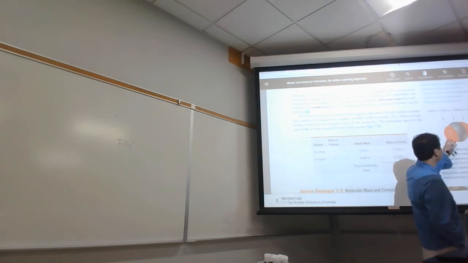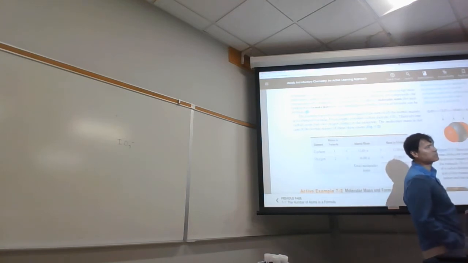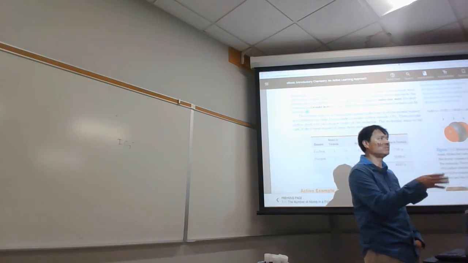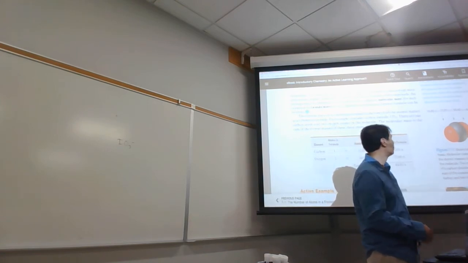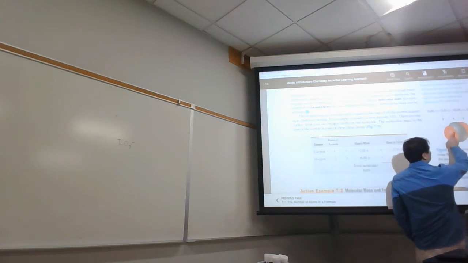There are 3 isotopes of oxygen: oxygen 16, oxygen 17, oxygen 18. Is this oxygen 16? No, it turns out it's the average because oxygen 16 doesn't weigh exactly 16 U. Oxygen 16 weighs 15.994 U, but this oxygen is weighing at 16, which tells me that this is the average.